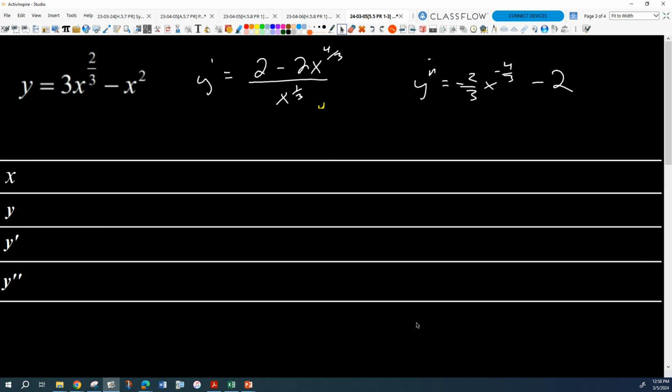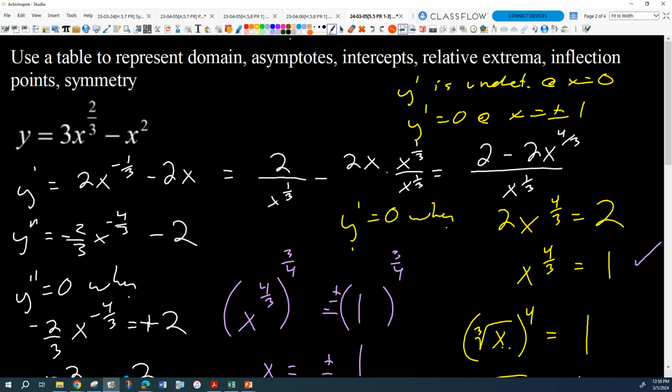Okay, we said domains everywhere. We had first derivative critical numbers at 0. What happened to 0 again? You remember? It's undefined.